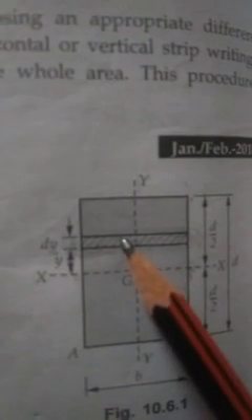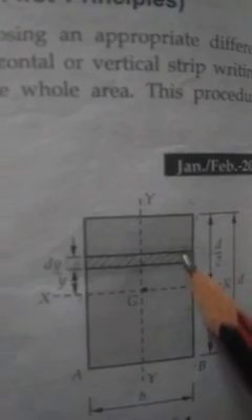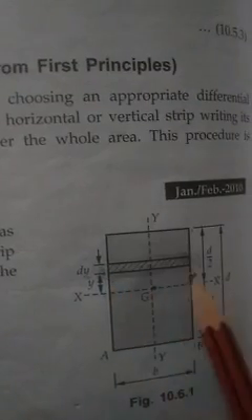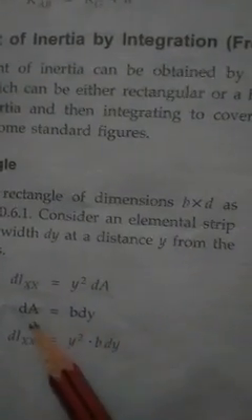What is this dA? dA means the area of the elemental area, the hatched portion. Its breadth is dy and its length is b, so dA is equal to b into dy.